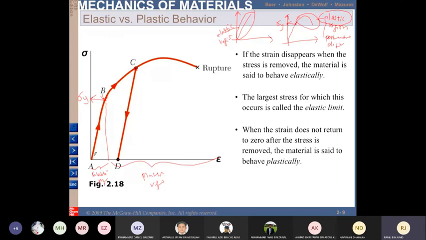Some amount of plastic deformation has already occurred. If you continue the test, finally the specimen will fail.